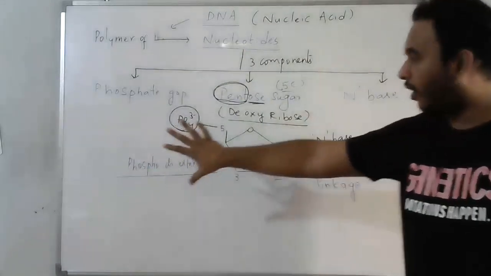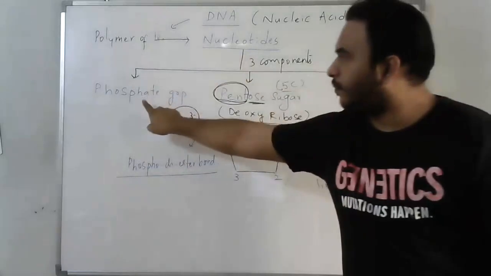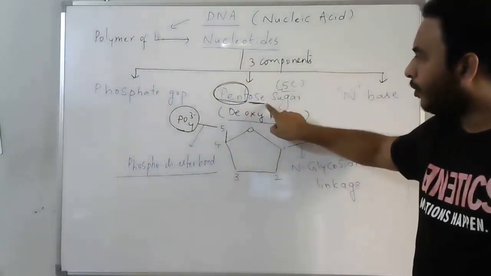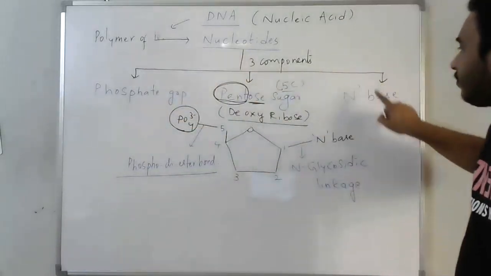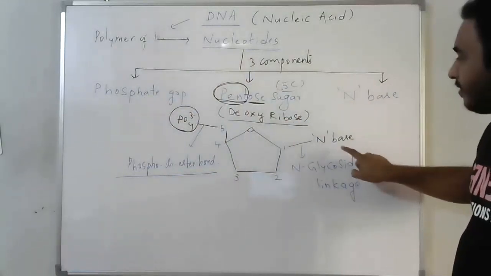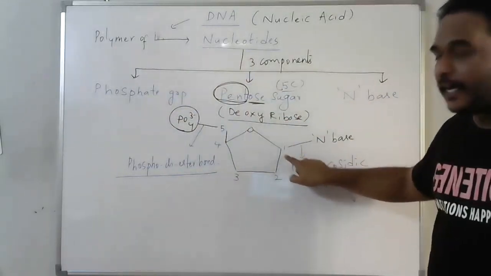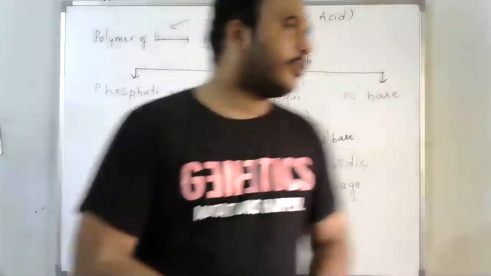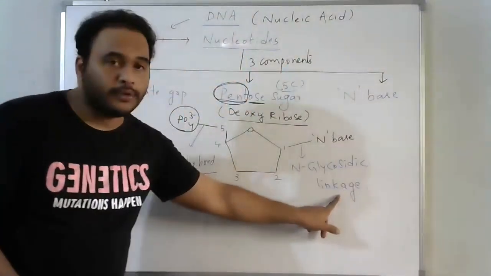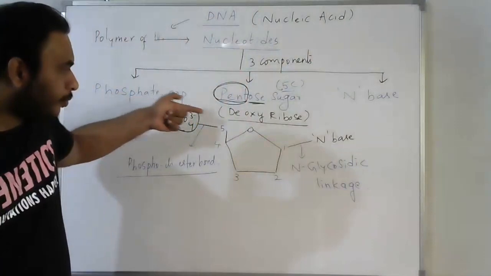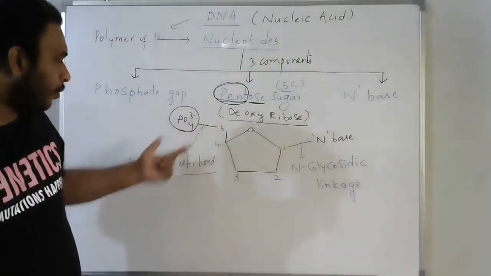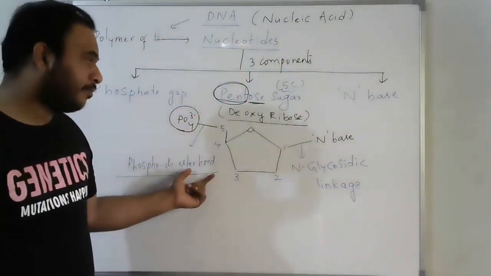So totally all these 3 components: number 1, phosphate group; number 2, pentose sugar which is deoxyribose; and number 3, nitrogenous base. The nitrogenous base is attached to the first carbon of the deoxyribose by N-glycosidic linkage, and the phosphate group is attached to the fifth carbon of the pentose sugar by phosphodiester bond.